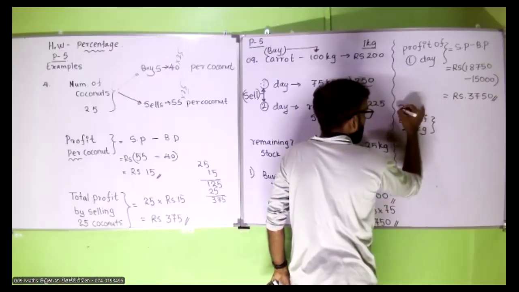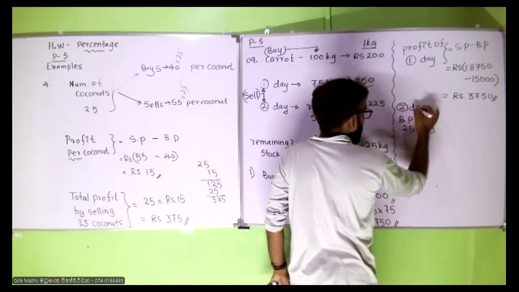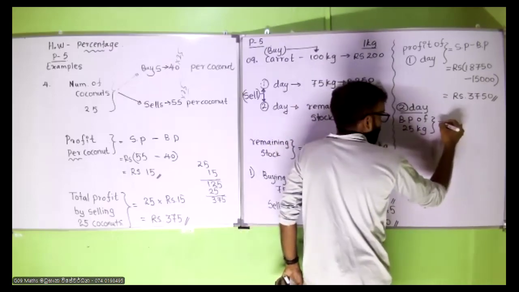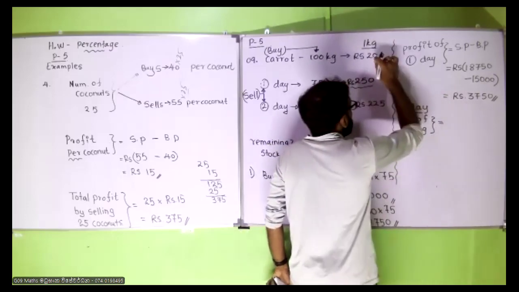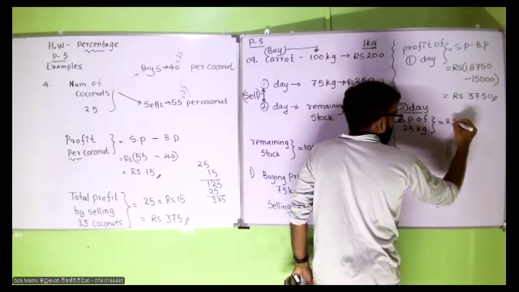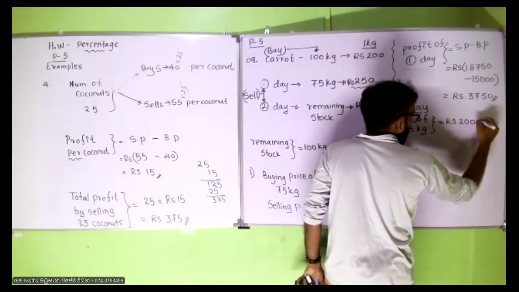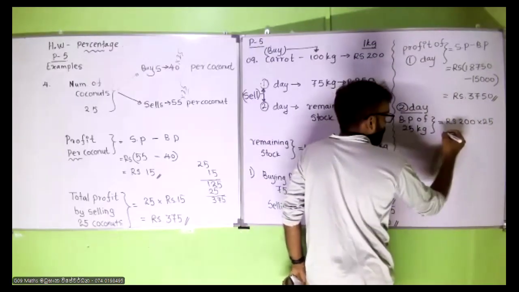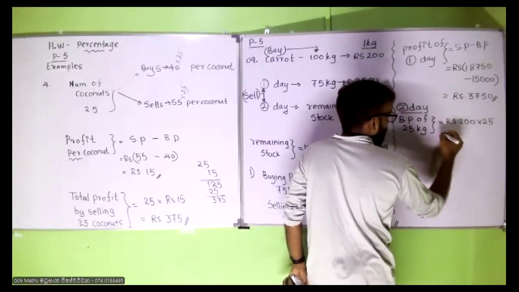This is for the second day. Right. So 200 rupees per kilogram. How many kilograms did you have in the second day? 25. So multiply this, right?